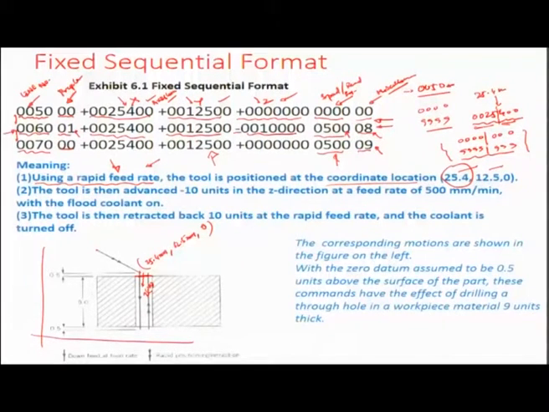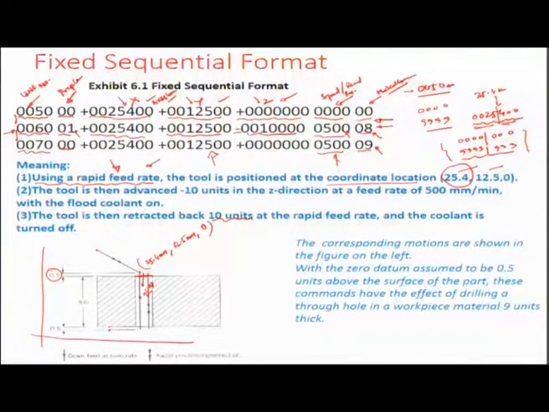So you go exactly 10 units downwards, and while going 10 units downwards you are crossing 0.5 unit of clearance that the tool had earlier, and again going all the way to 0.5 away from the lower surface of the workpiece, so that you ensure that it's a through hole. Okay. And so this logic is being provided in the second step right here. So the block size may be about 9 mm, and you need a 10 mm movement for providing a through hole on the 9 mm block.